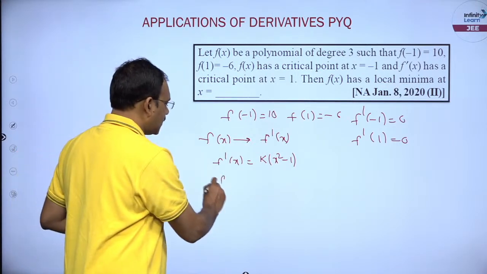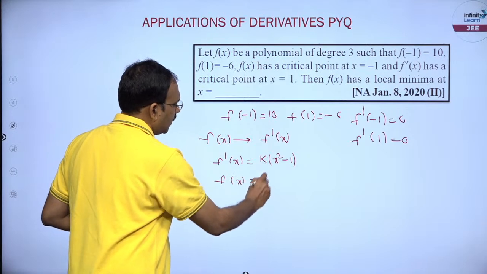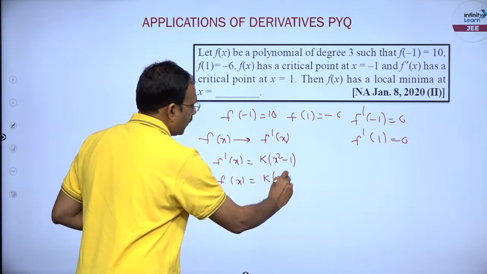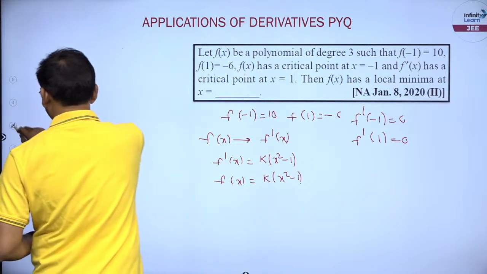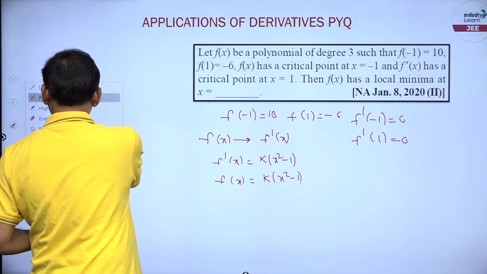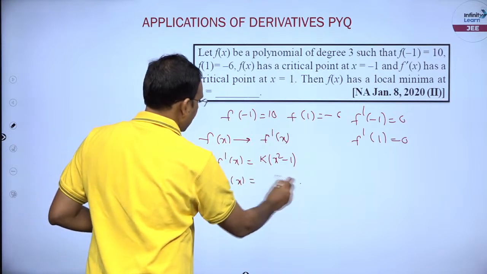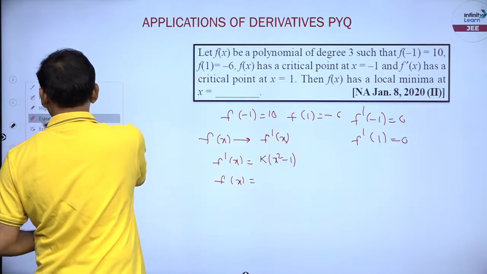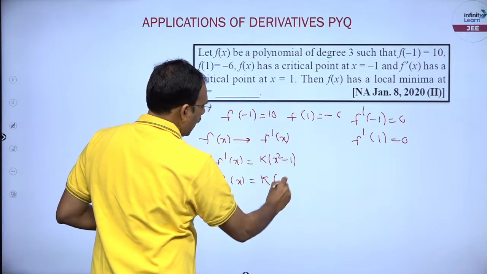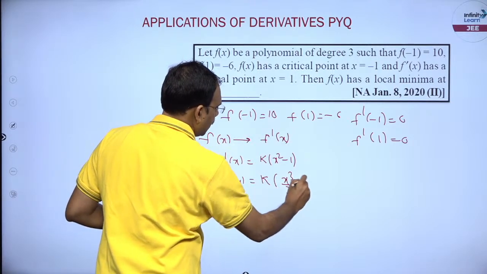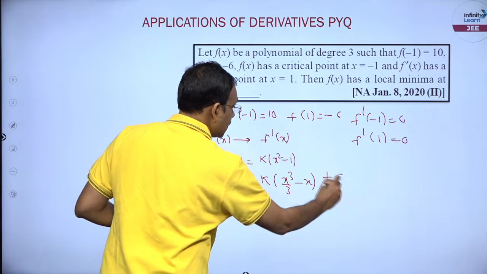So, f of x, friends, I need to integrate k into x square minus 1, that is k into x cube by 3 minus x plus c.